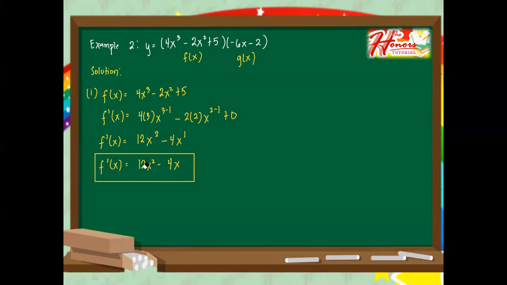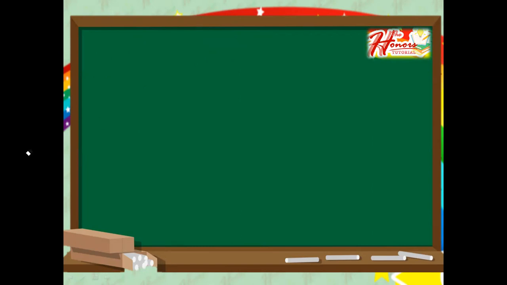Next, let's have another. For the second solution, we will be having the g prime of x. So we have here g of x first, and that is equal to negative 6x minus 2.